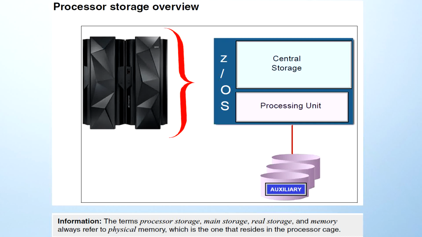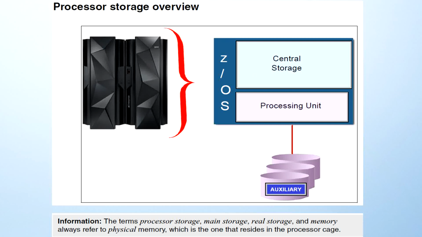On cost, central storage is expensive and auxiliary is less expensive. The mainframe is comprised of central storage and a processing unit as well. The processing unit is the one that processes the instructions present inside the central storage.